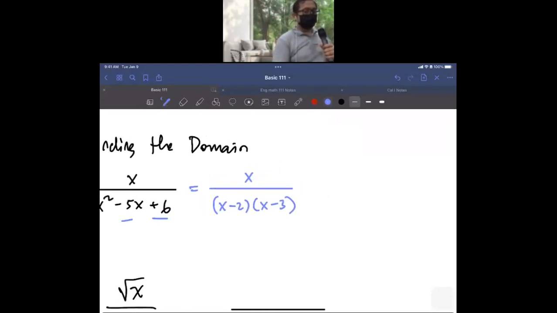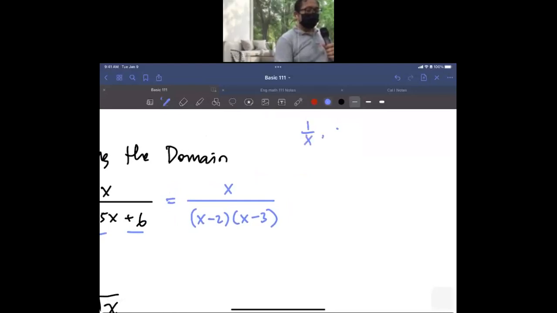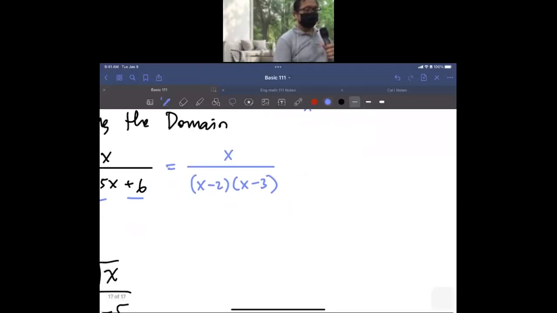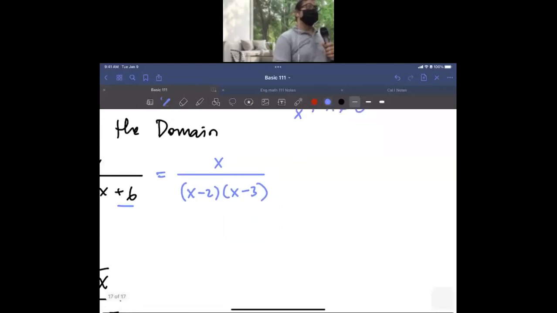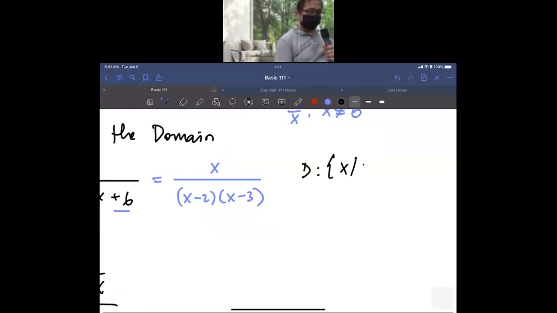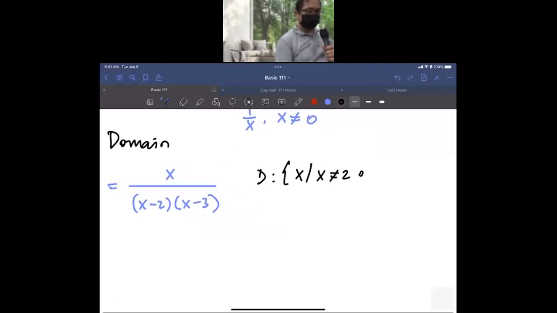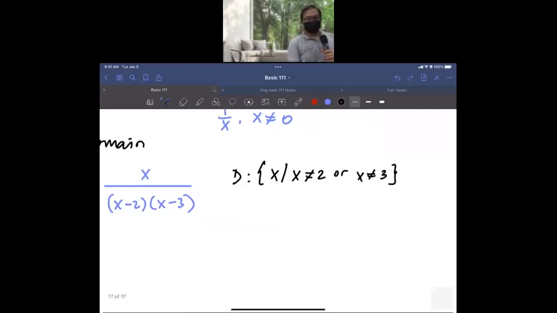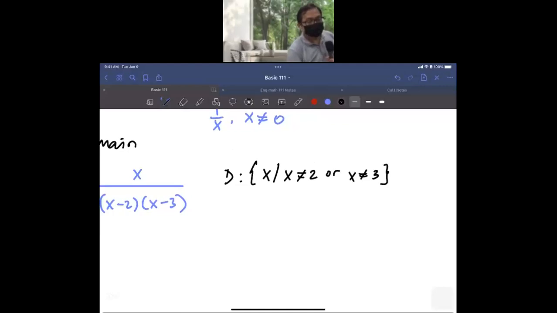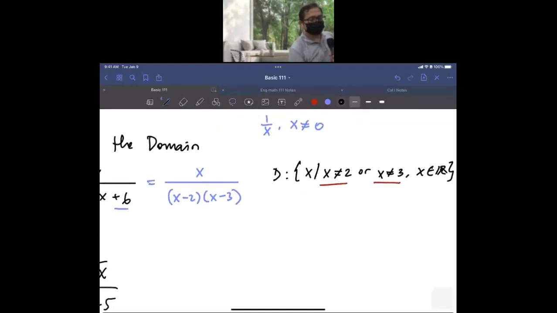So from here, we know that when we have 1 over x, x should not be 0. So this x minus 2 should also not be 0. So the domain is going to be x such that x is not equal to, or, x. If you would like to write in a more classy way, you can also write that x is a real number, but we don't really need to write the last one. The important thing is we write this.